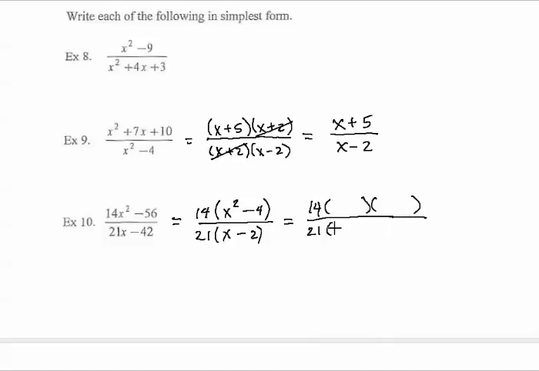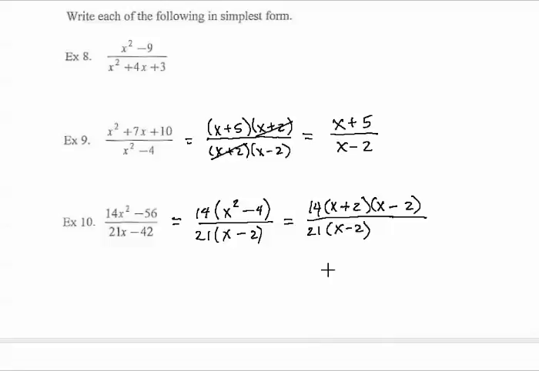Now the bottom will not factor any further, but the top has a 14, and this part is the difference of squares, so it factors as first square root, second square root, first square root, second square root, and between the two we just put a plus and a minus.